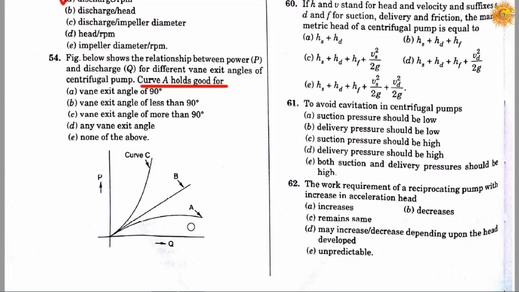Question is curve A. This curve is good for option A when exit angle is 90 degree, option B when exit angle is less than 90 degree, option C when exit angle is more than 90 degree, option D any exit angle, and option E is none of the above. Correct answer is B. Curve A holds for when exit angle is less than 90 degree.